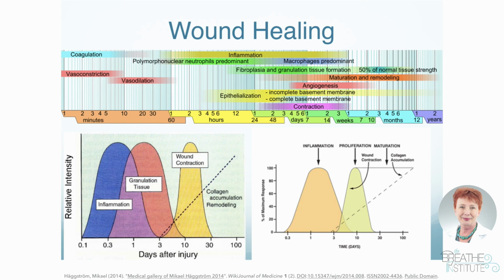In the first 10 days, although you have inflammation and granulation tissue present, they feel like they have wonderful mobility. They are absolutely happy, those patients. Now, by around 10 days, the wound contraction starts. And that is the time when the patient needs the most support from us as therapists, because everything starts to contract.